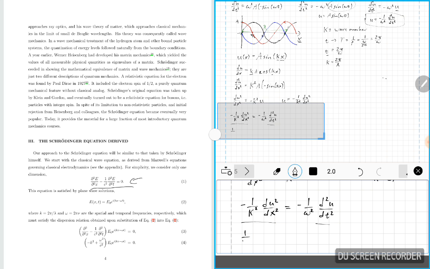So I get 1 over k squared d squared u dx squared minus 1 over omega squared d squared u dt squared equals 0.